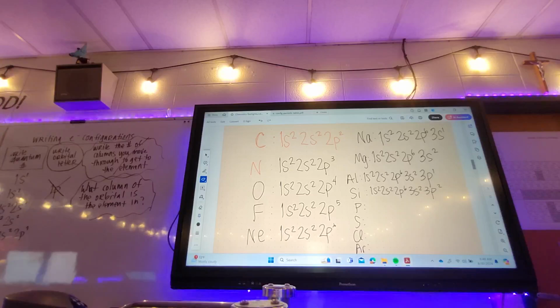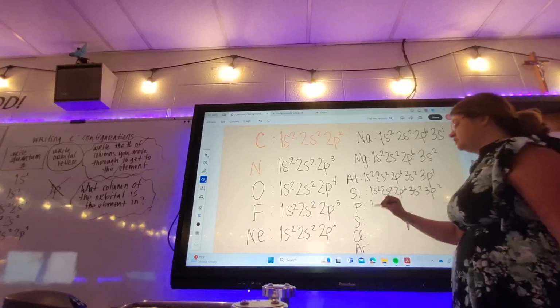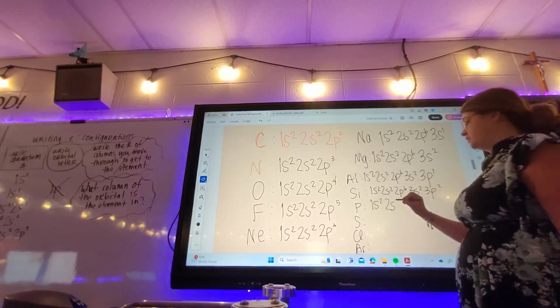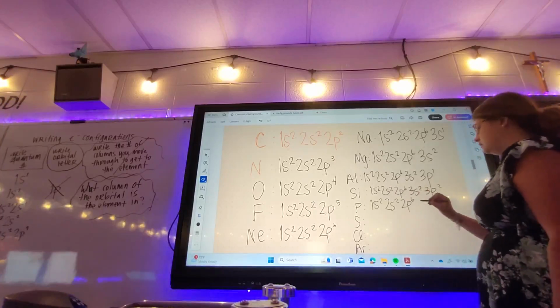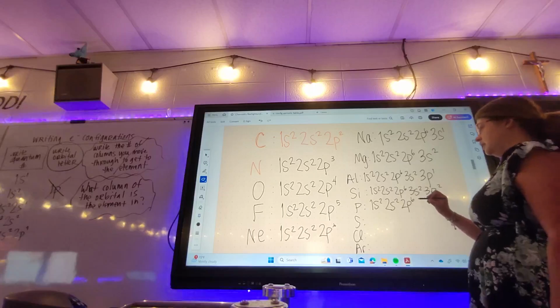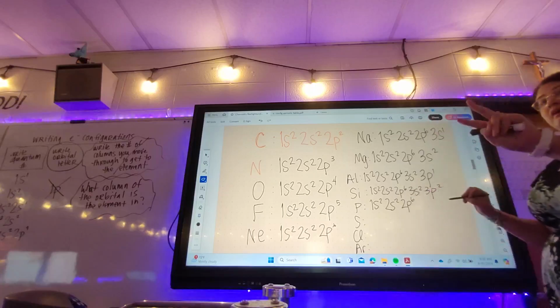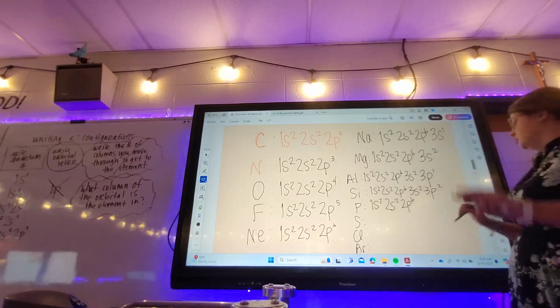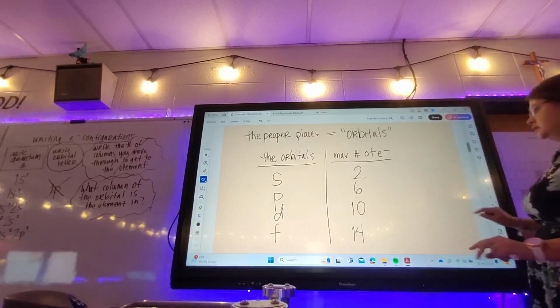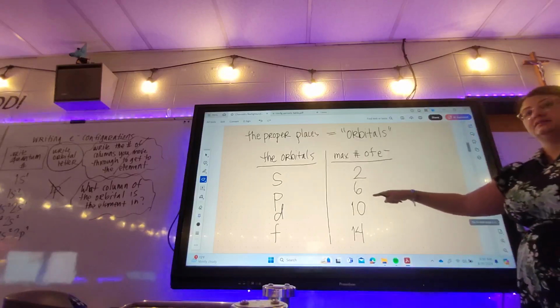Yep, because the fullness of the orbital depends on what the letter is for it. S is full with 2. P is full with 6.